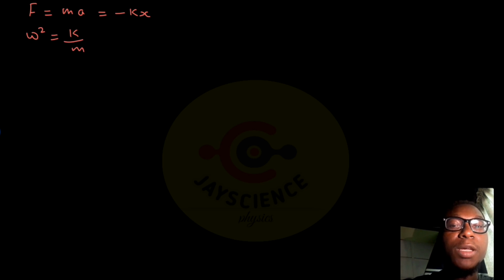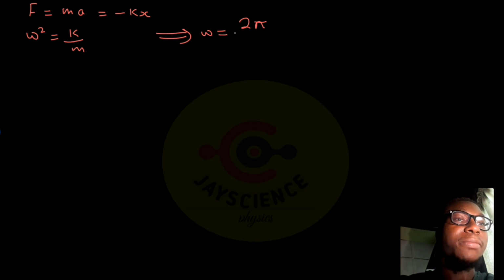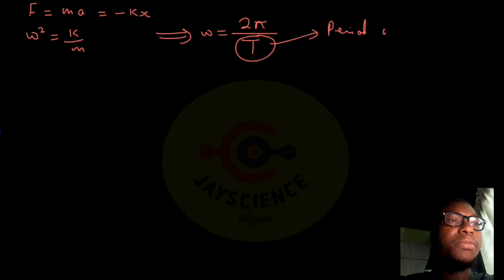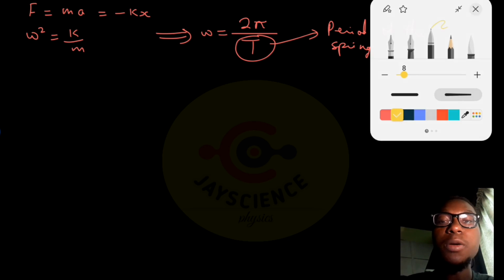On the other hand, angular velocity is also equal to 2 pi divided by T. It's like saying velocity equals distance over time. The distance here is the circumference of the oscillating wave, and the period is the time taken for the particle, the spring, to cover that distance. The period of the spring is what we need from the question.